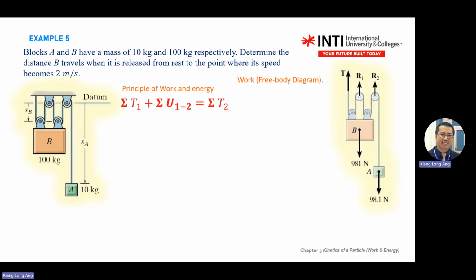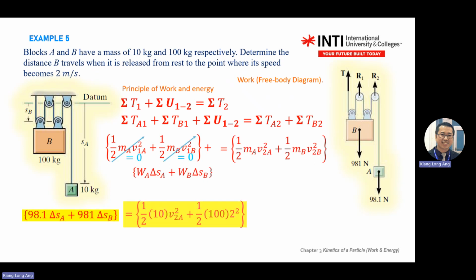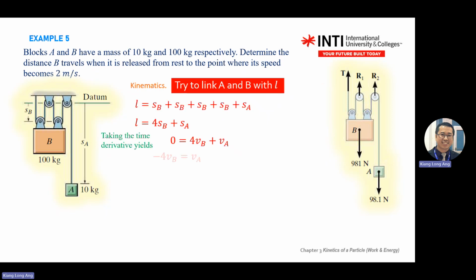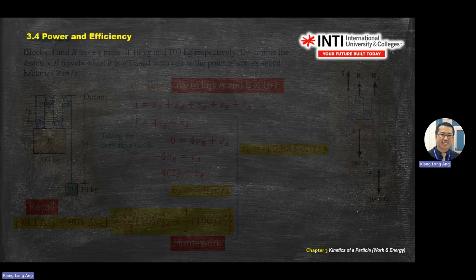So this one also, you go through the slides. You'll find the answer. This is your homework. So all the answers are there. If you don't understand this one, you can come to me and ask me why you get the answer.